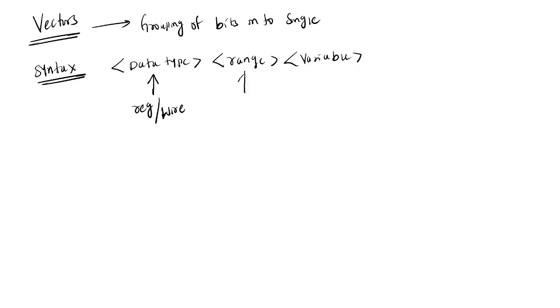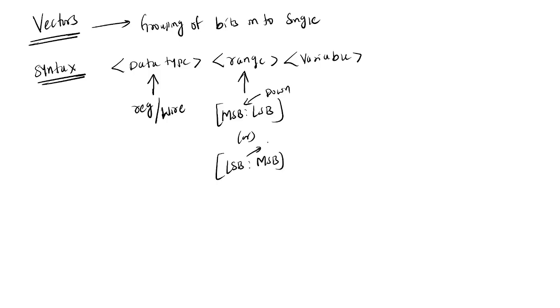And for range, two types of representation are there: MSB down to LSB, or LSB to MSB.